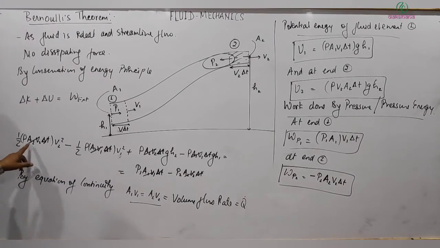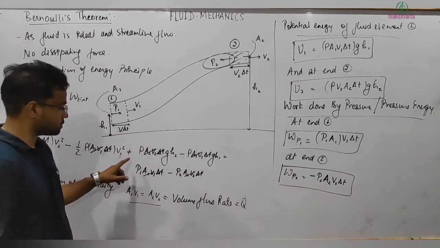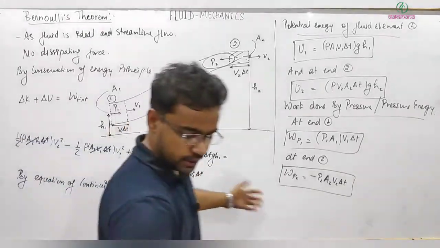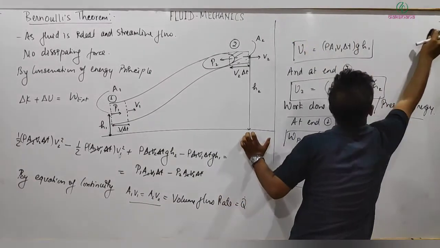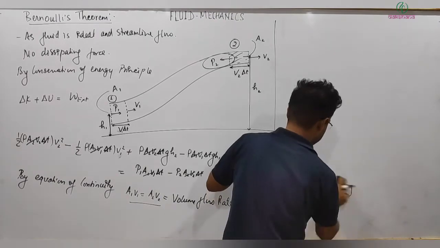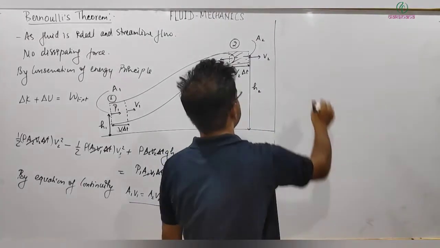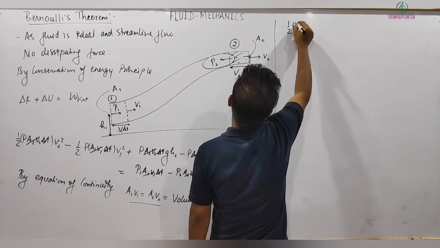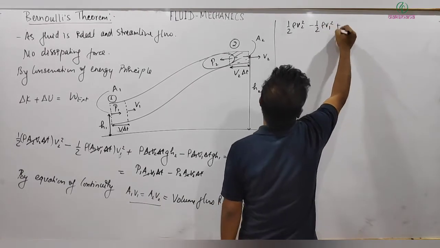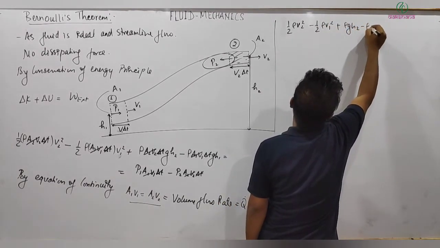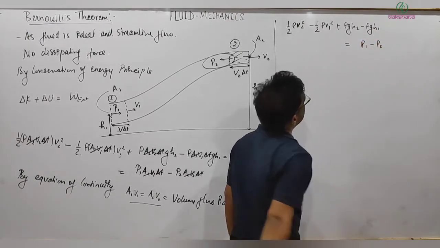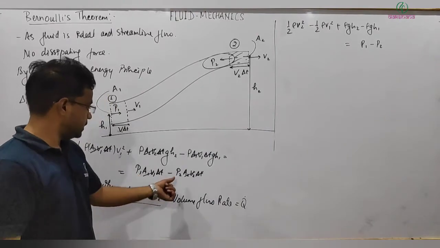What I am left with is half rho V2 squared minus half rho V1 squared, plus rho g H2 minus rho g H1, equal to P1 minus P2. This is P1 minus P2.